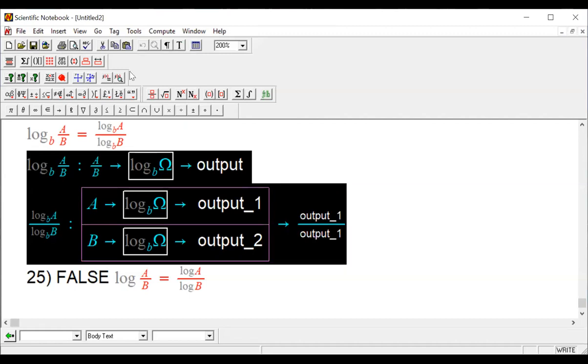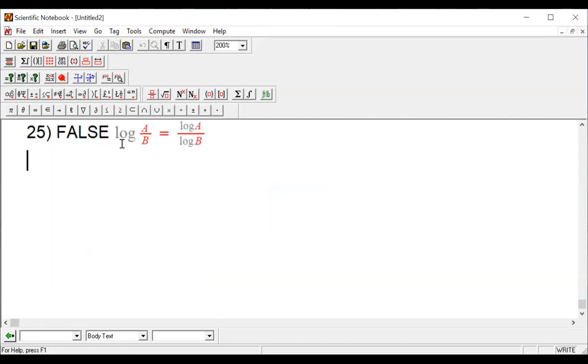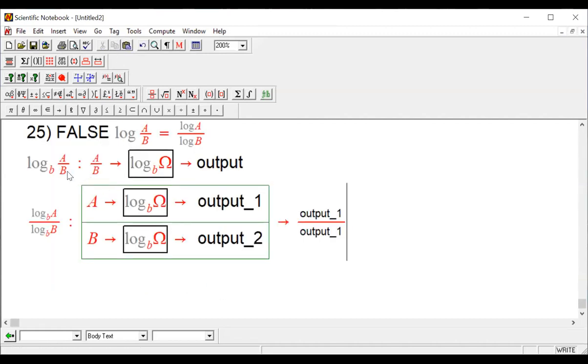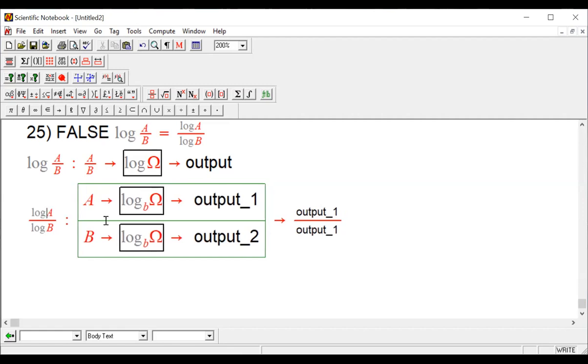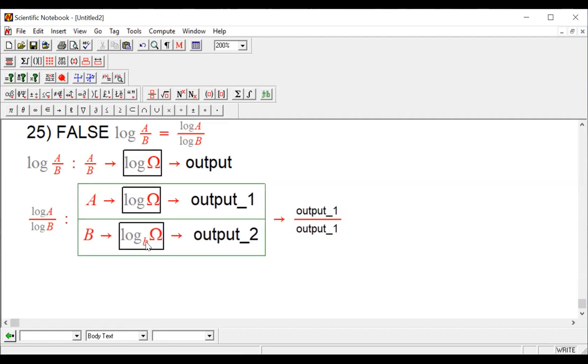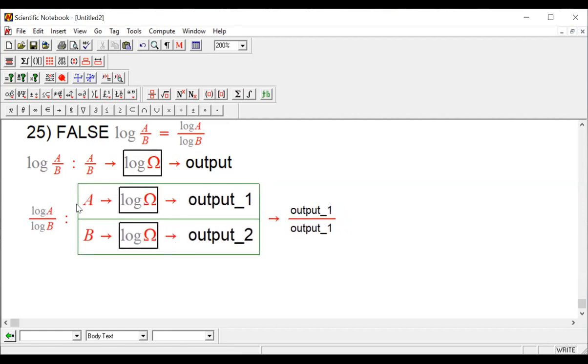From the order of operation perspective, now you just have base 10, and the order of operation is similar. So this is another version of number 24.